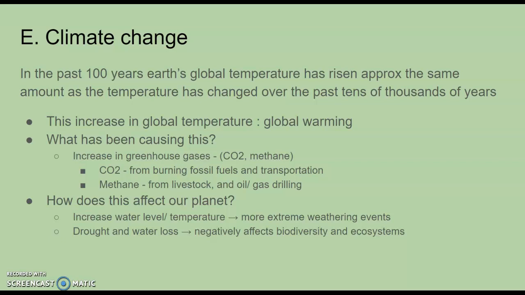Our ecosystems are crucial for us to survive. So the loss of water is going to affect the plants and the animals, the autotrophs and the heterotrophs within that ecosystem. Also, with higher temperatures we're more prone to the spread of disease through pests as well.